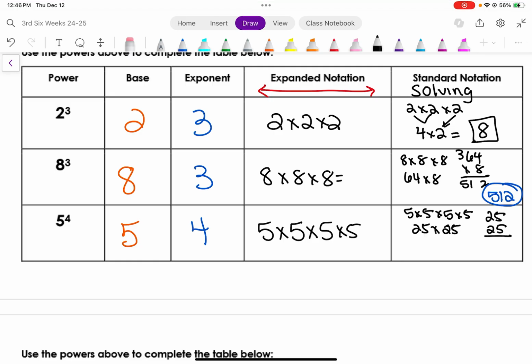So 25 times 25. Make sure you are multiplying those values together and you're not doing any other operation. So 625. Remember, if I am solving too quickly, please pause it, write it, solve it, and then you can always play it again.